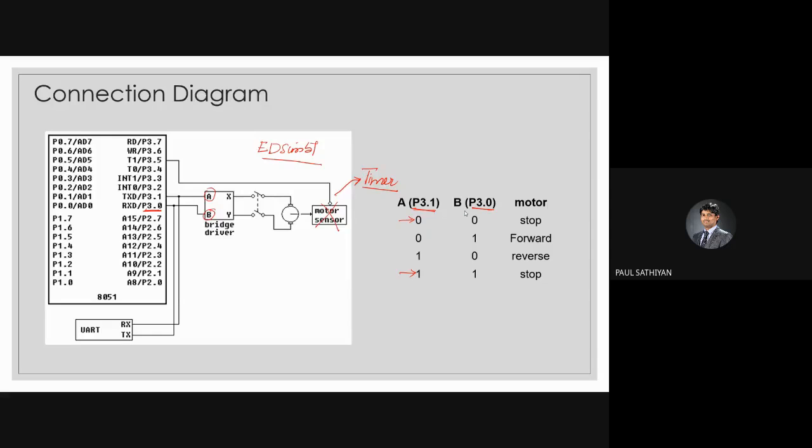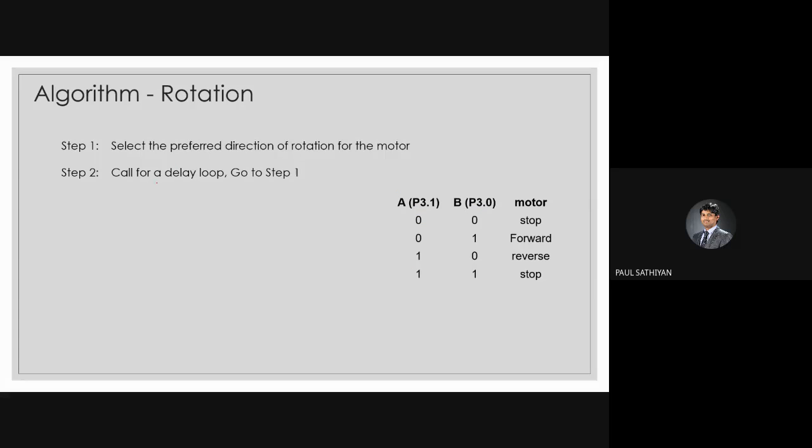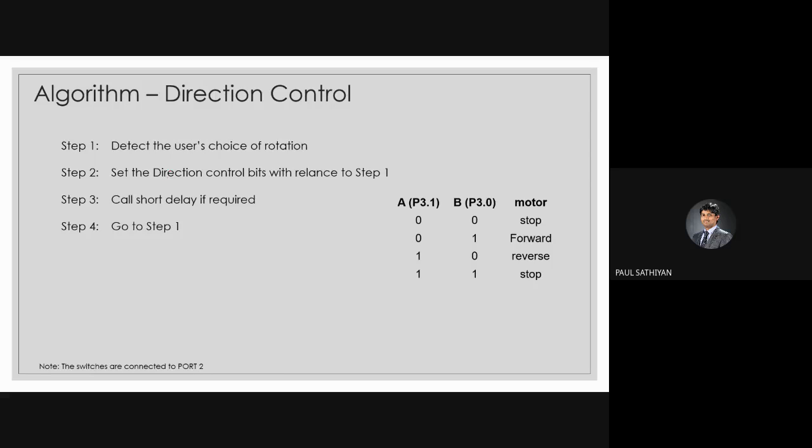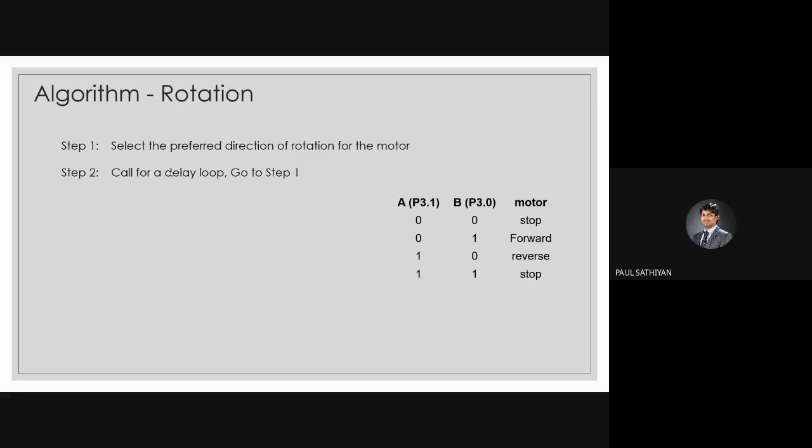Okay, let's do a simple exercise where I'm just going to make the motor rotate in one direction. So select the preferred direction of rotation of the motor. How do I select it? I should make pin 3.1 as 0 and pin 3.0 as 1.